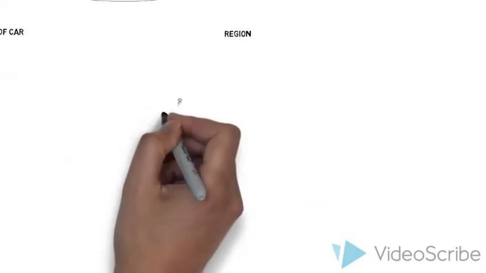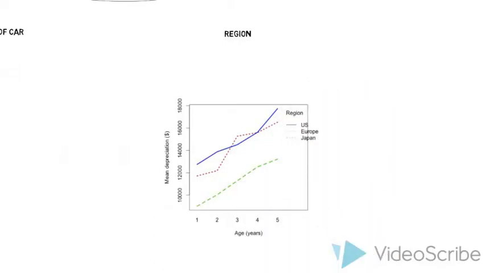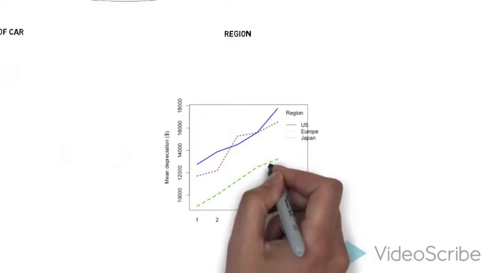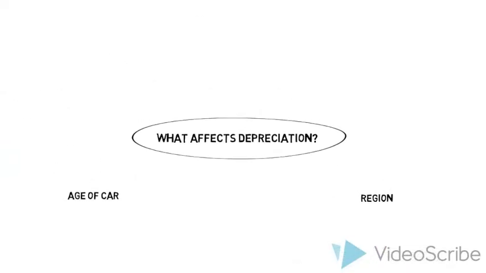The next factor affecting depreciation is the automaker's region. Statistical analysis shows that the average depreciation is the least for Japanese cars. This is one of the reasons they are very popular in the automotive market. The third factor affecting depreciation is the transmission type of the car.